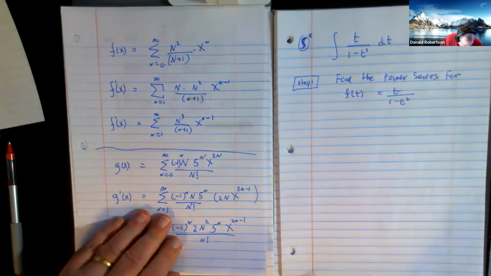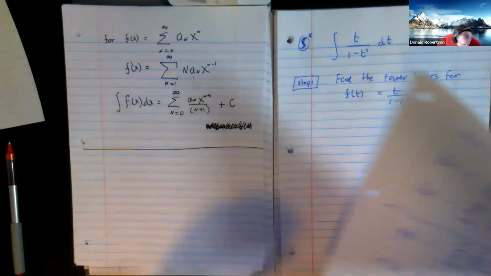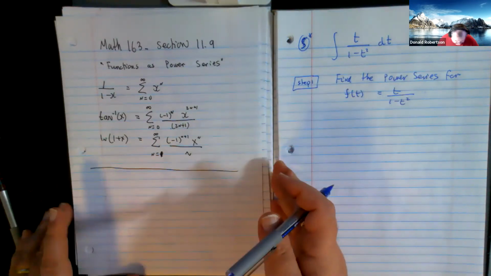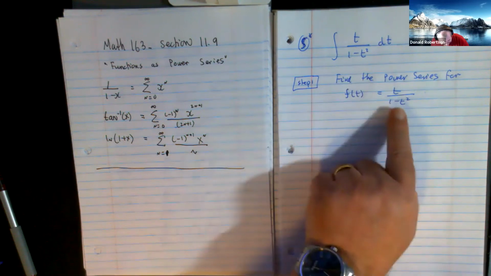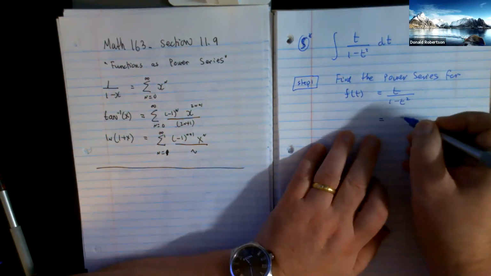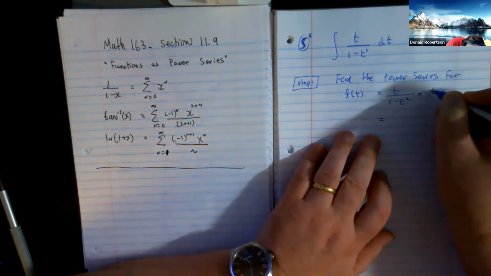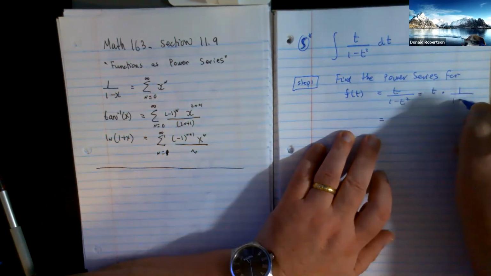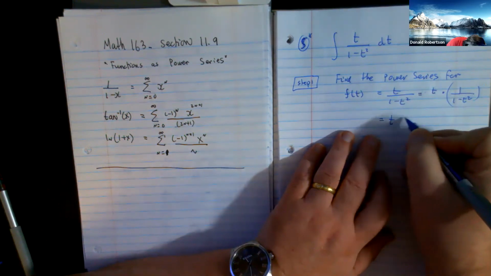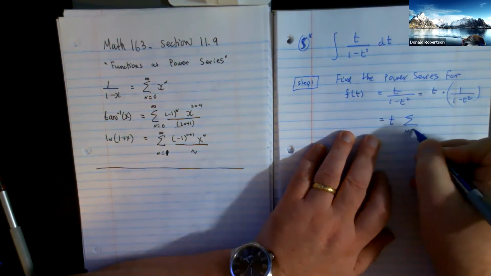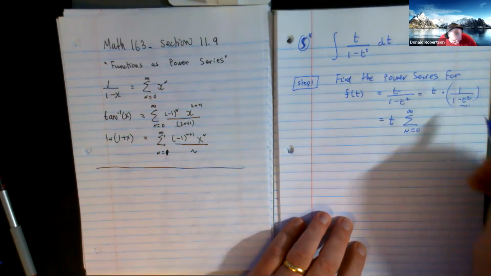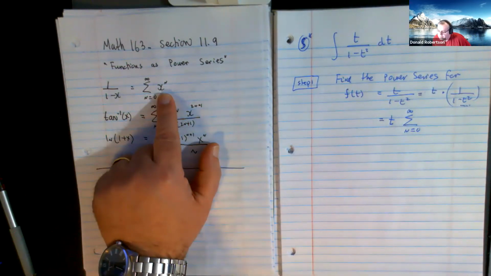Now I'll have to return. Where's my little guy? Okay. We need to look at this fella and see what we've got. Well, I don't have actually that much to do, right? It's basically this guy. So it's going to be t sigma n equals 0 to infinity. And won't this guy here go there?